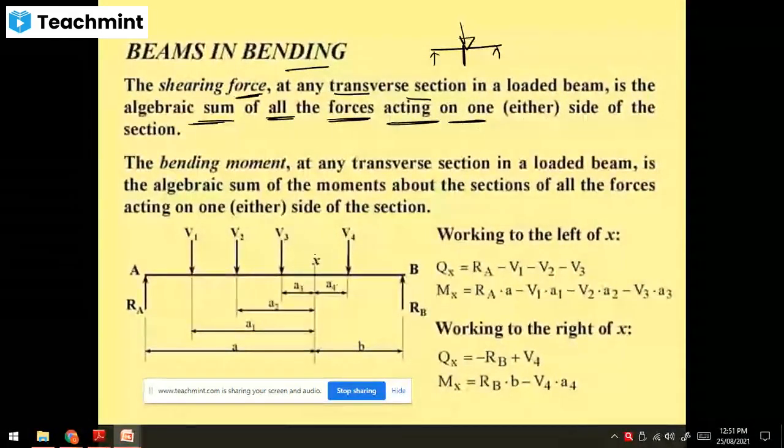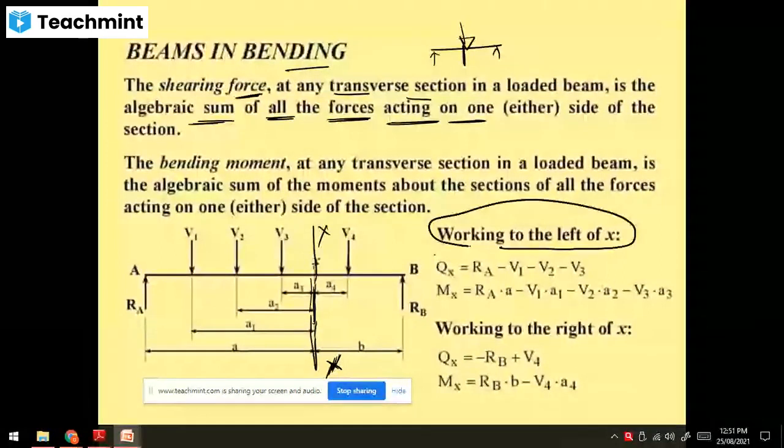Whatever section you have taken, section XX, the shearing force is the algebraic sum of all the forces acting on one side or either side of the section. This is your XX section. Whatever forces are acting on one side, the algebraic sum of that is called the shearing force.